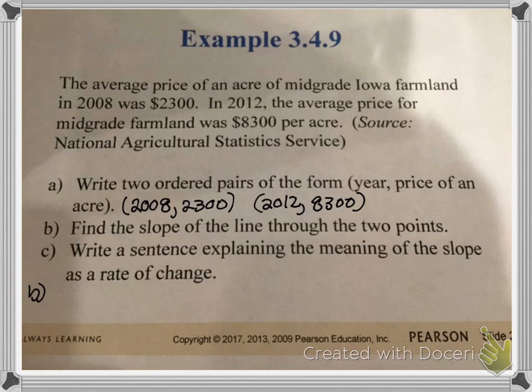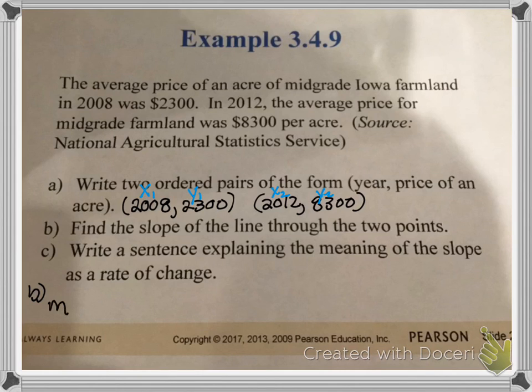Okay, so we just have to find the slope. So I'm going to use a different color so I can name them. All right, so this is going to be x1, and the second one's going to be y1, and then this is going to be x2, y2, signifying the second point. Okay, back to our ink.